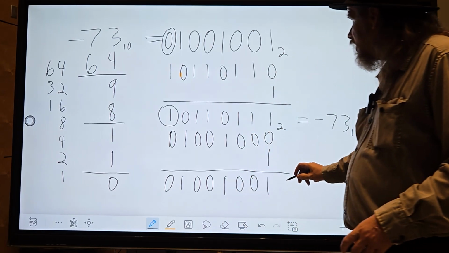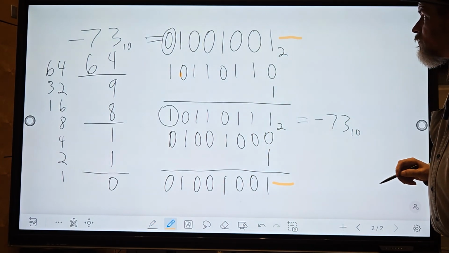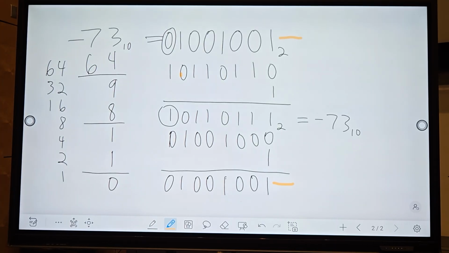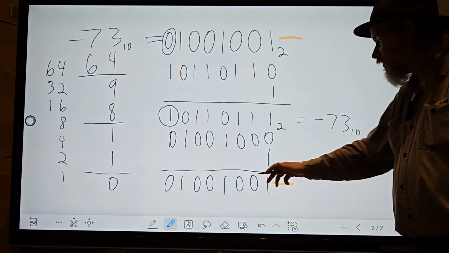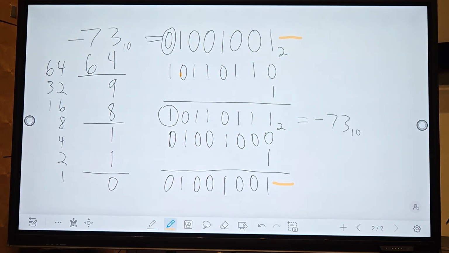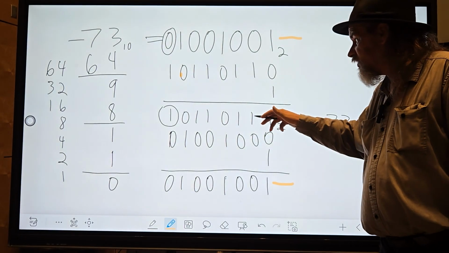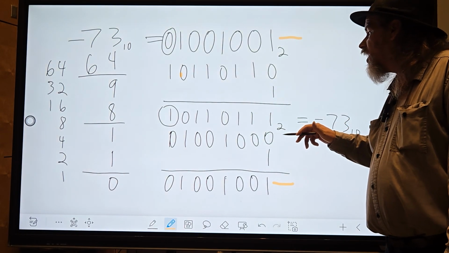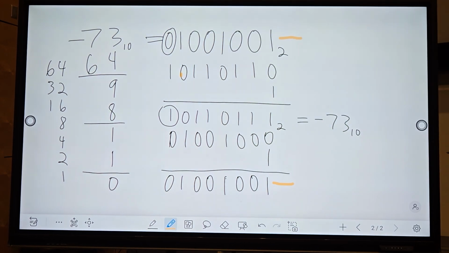And as you can see, this matches that. And from there, you can convert that to decimal, just knowing that you can. It started out as a negative number here, and add the sign in front of the decimal number to indicate that it is, in fact, negative 73.